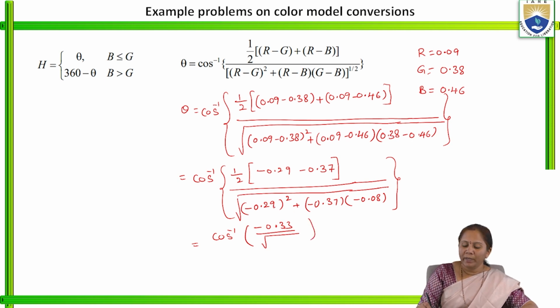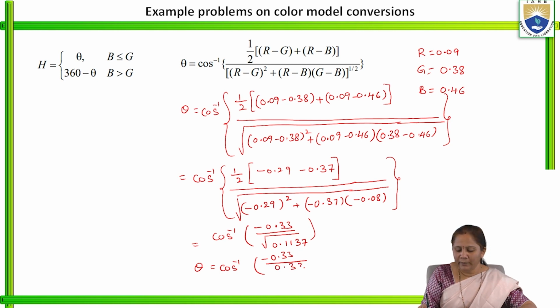If we simplify the entire value present in the denominator, we will get 0.1137. So here theta is cos inverse of minus 0.33 by root of 0.1137, whose value is 0.33.